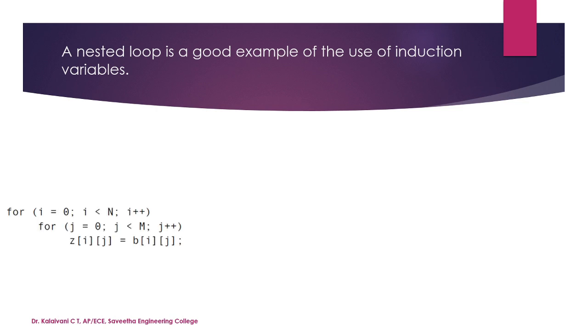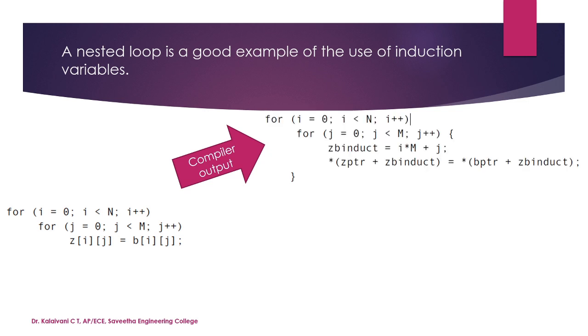Again, we'll see an example, a nested for loop with a transfer instruction from Z to B as a two-dimensional array. What the compiler will do is use an induction variable for Z and B, induction variable i into m plus j.